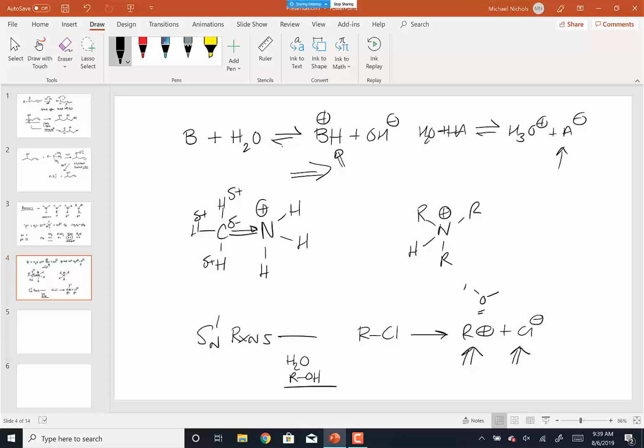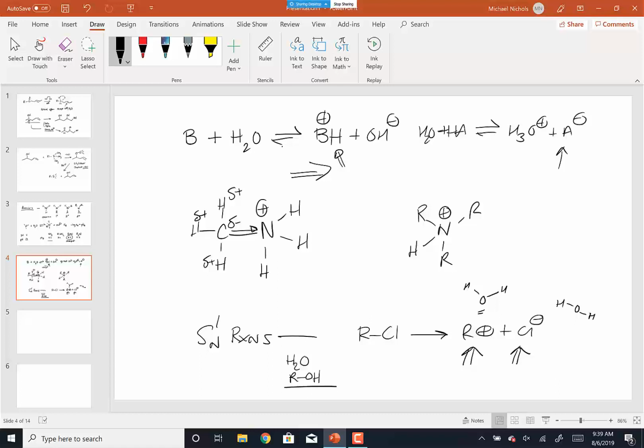Your delta minus oxygen will solvate the carbocation, and your delta plus hydrogen will solvate the anion. Okay. So we've seen solvation cause this reaction to be faster because it's solvating the products. It's helping stabilize the products.